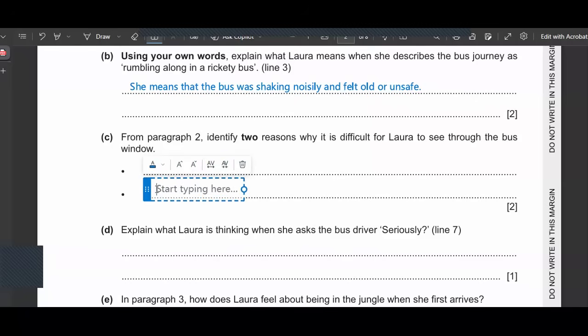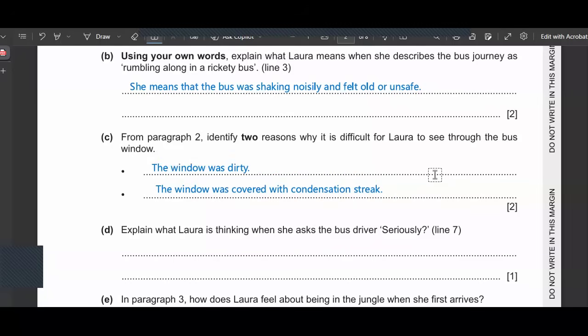So we can use the other detail, that the window was covered with condensation streaks. I made a spelling error, but as I was typing I was able to correct it.